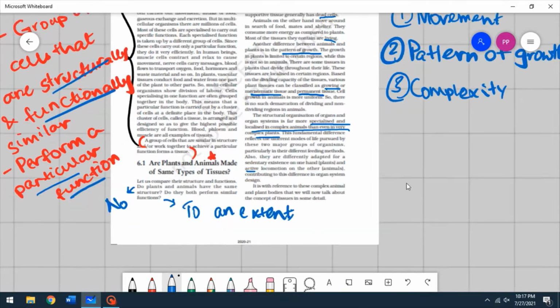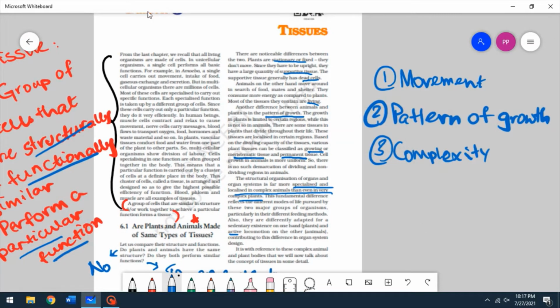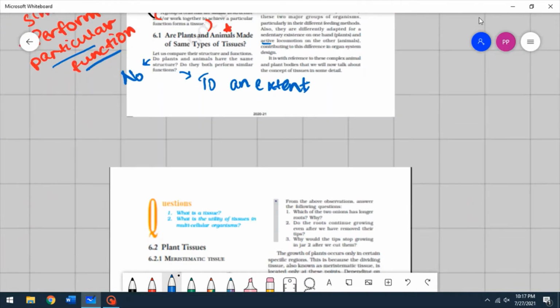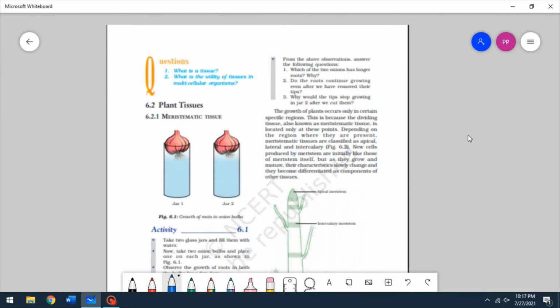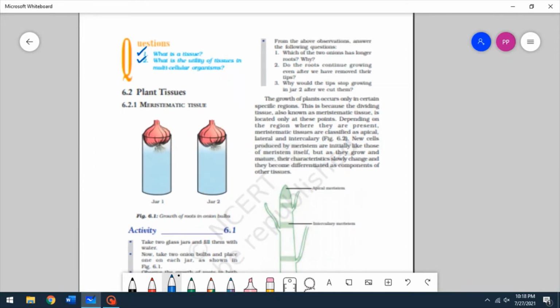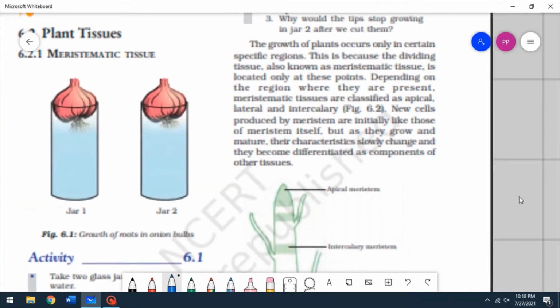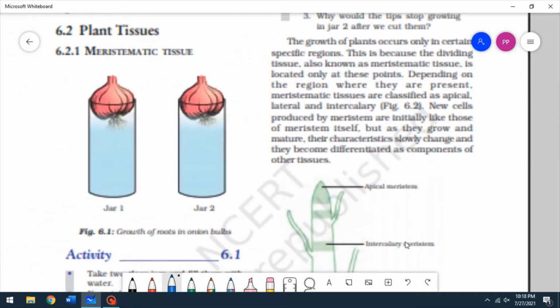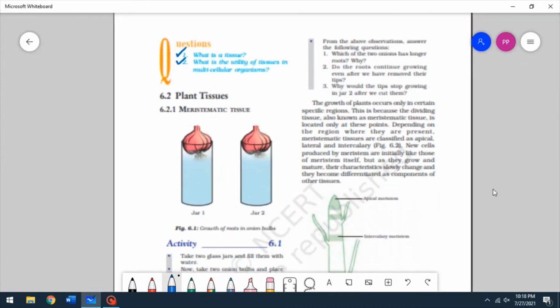Alright, so this is a set of 3 differences between the plant and animal tissues, and we have 2 questions that we covered so far. If you are not able to answer a question, go back to where I explained it. Make sure you understand it and come back and answer the question. Once you answer the question, it is time for us to move on.